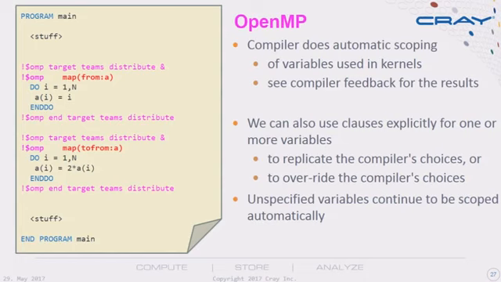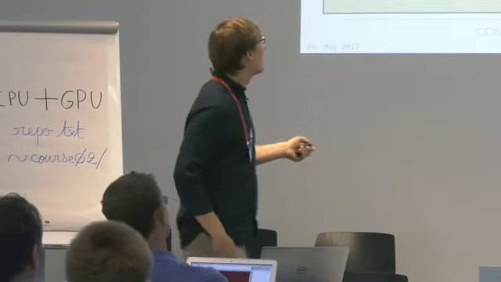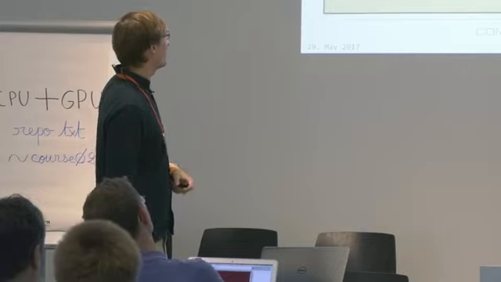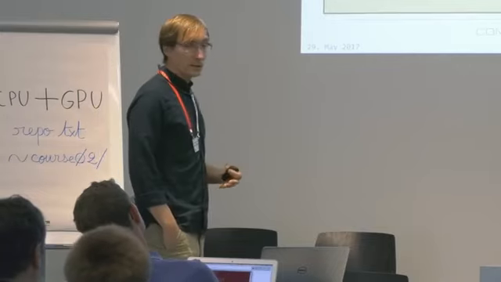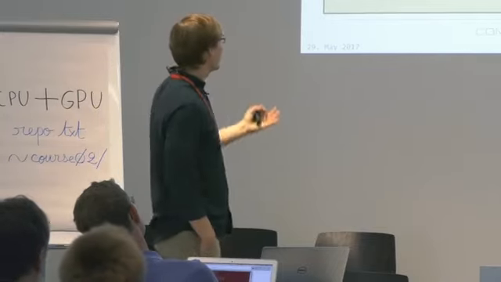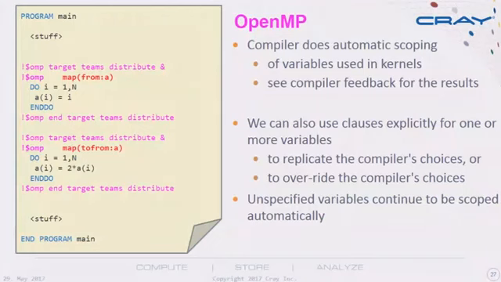We just want to copy the data out of the GPU at the end, and that's what we state with the map from clause here at the beginning. While in the second loop, we need our initialized data from the first loop within this kernel, and we also want the result of the computation back. So that's why we then use the map tofrom clause, copying in and out.